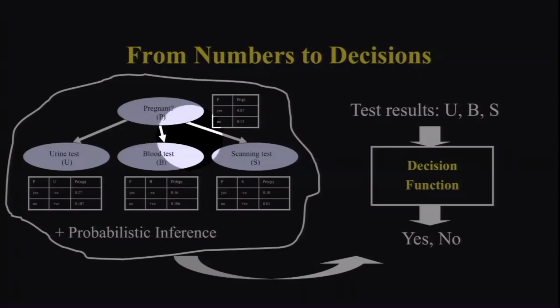So there is a probabilistic model, there is probabilistic computation, but if you look at this at a high level, what you're really doing is building what we call a symbolic decision function, because at the end of the day, the way you're using this is, I give you an instantiation of these three variables, and you're turning them into a yes-no. From a high level, this is a symbolic mapping.